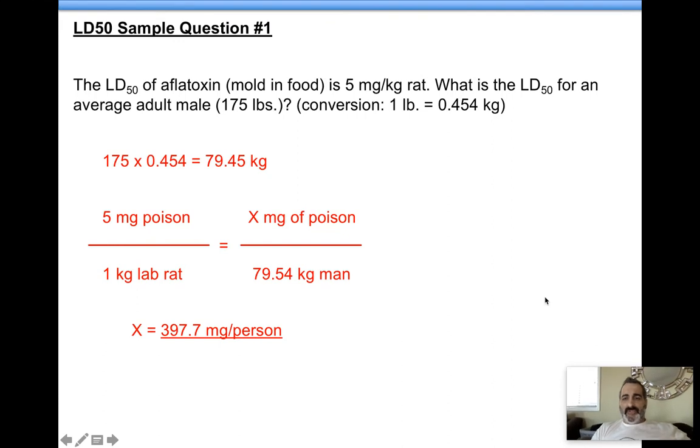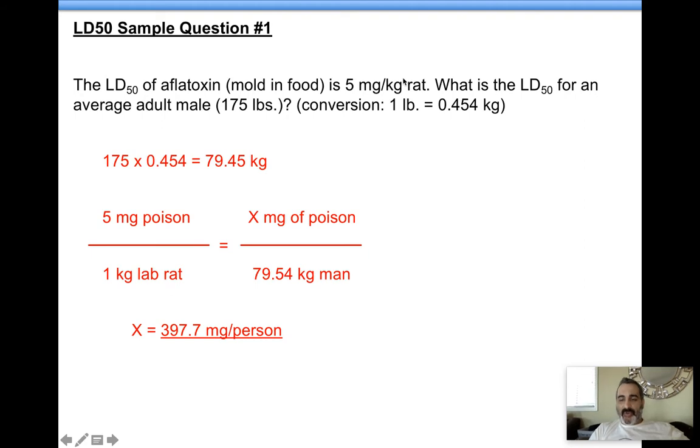This video is just to show you how to do the math problems involving LD50, or the lethal dosage that kills 50% of the population. Generally, an LD50 value is given to you like this: an amount of poison, in this case mold in food, 5 milligrams of poison per 1 kilogram rat.